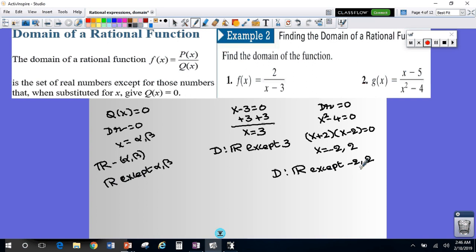Other than these two values, everything you can take. It means if you substitute anything other than negative 2 and positive 2 in the given function, you will get some value, right? That is what the function says. Okay, all right.